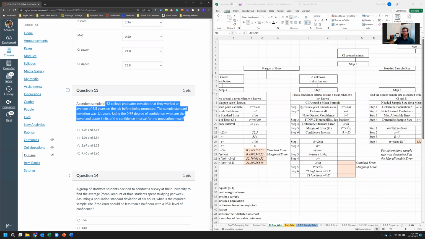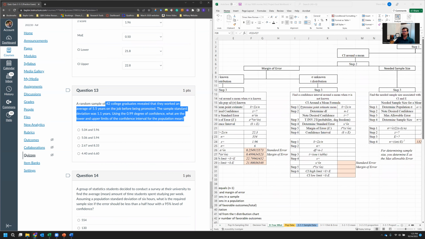The probability is 0.01 because it's the complement to the 0.99, and then the degrees of freedom is right here. Okay, so that gives me my t-score, and then my sample standard deviation is 1.1.